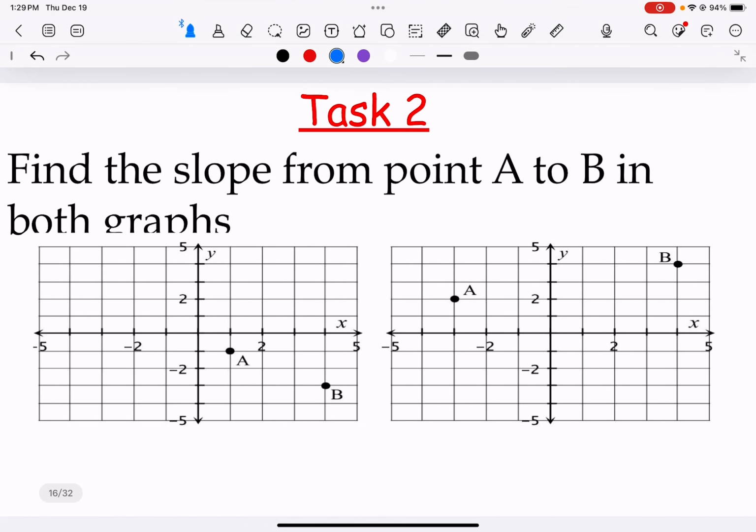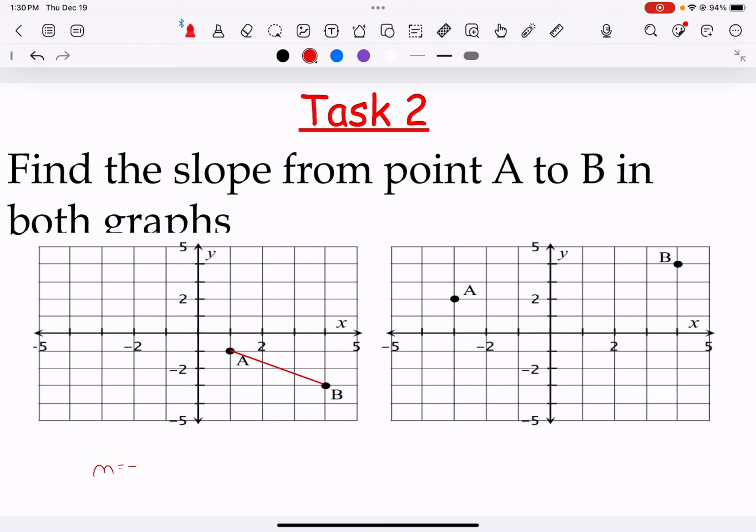We want to find the slope from point A to B in both graphs. When I look at the graphs, I notice for this first one, my line is going down from left to right. So I know that my slope should be a negative number. And I'm going to find my slope from left to right.